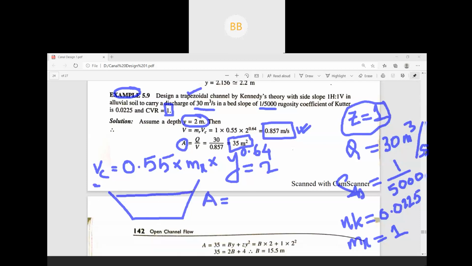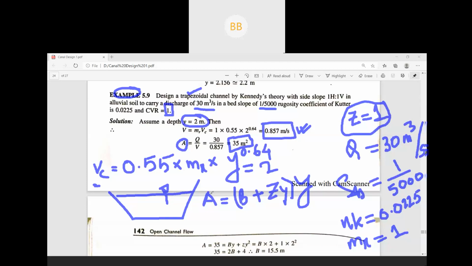The area equation is nothing but b plus zy, multiplied by y. So this is the area expression of a trapezoidal channel.